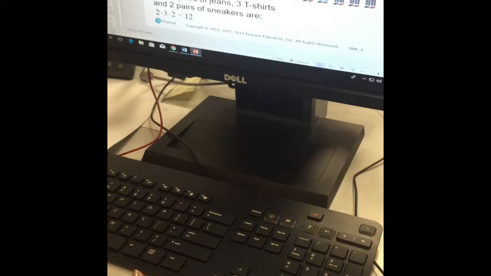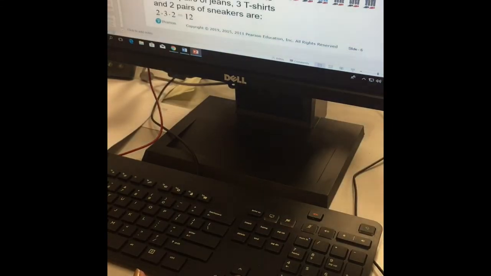Now we'll modify the fundamental counting principle to include more than just 2 groups. So in this example, again, we are looking to find the total number of outcomes in choosing an outfit. We have, again, 2 distinct pairs of pants, 3 distinct shirts, and now we have introduced 2 pairs of shoes.